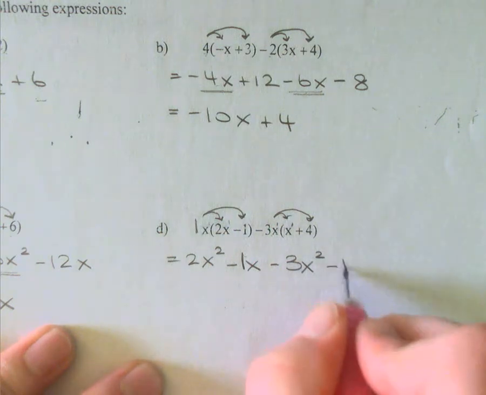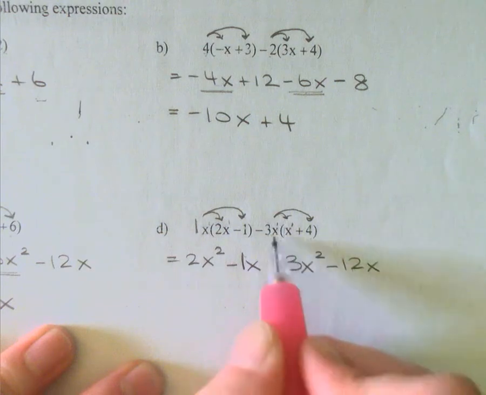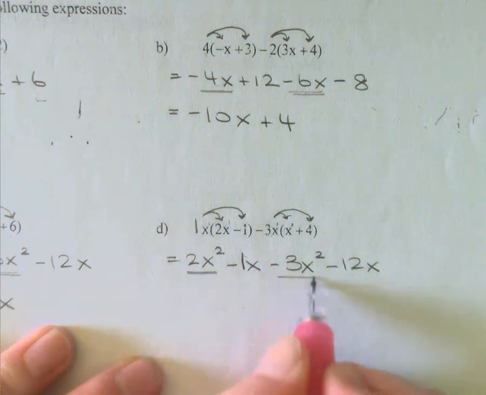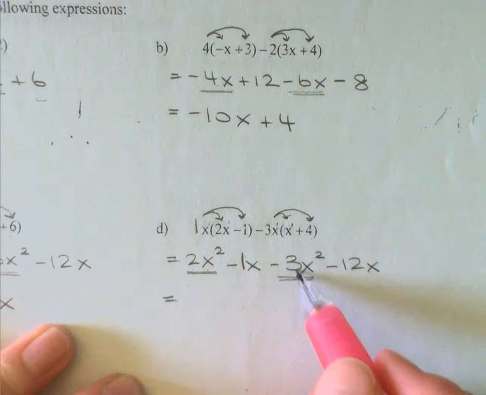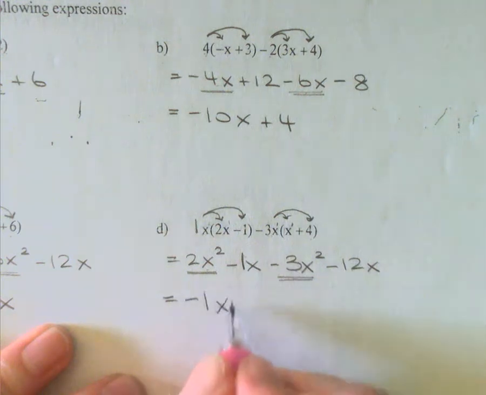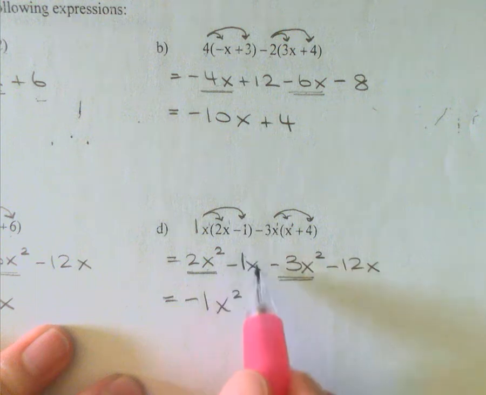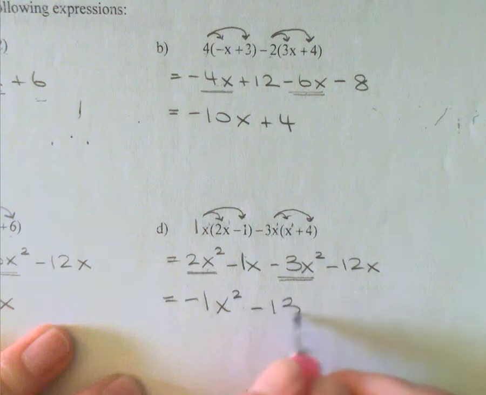So now I have minus 12x because 3 times 4 is minus 12, and then I have the x. Now I look at like terms. There's an x squared and an x squared. 2x squared minus 3x squared is minus 1x squared. And now I have minus x minus another 12x is minus 13x.